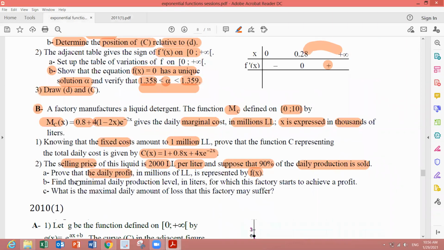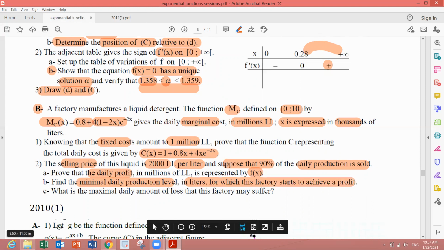Part B, find the minimal daily production in liters for which this factory starts to achieve a profit. When do we start to have a profit?